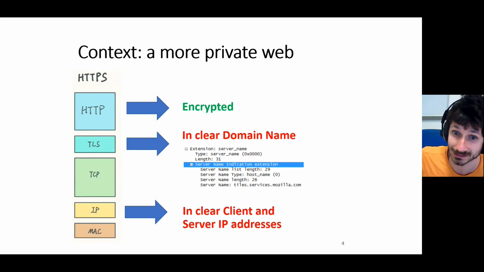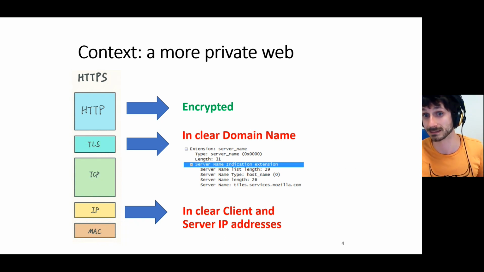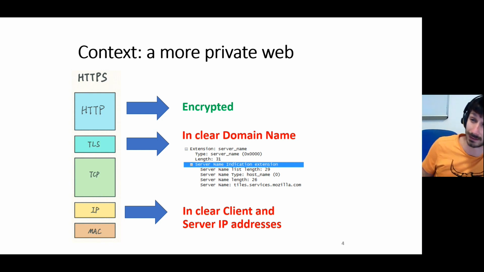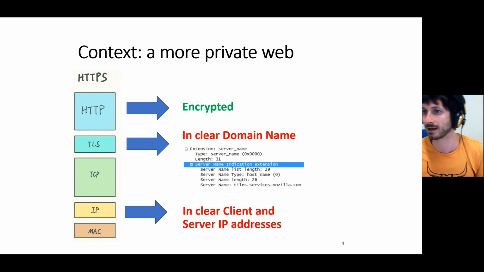Then we had TLS, and with TLS, the HTTP payload is encrypted, while the TLS header still has the domain name in clear in the server name indication field in the client hello messages. So the website is still available to the network, and IP addresses are in clear.